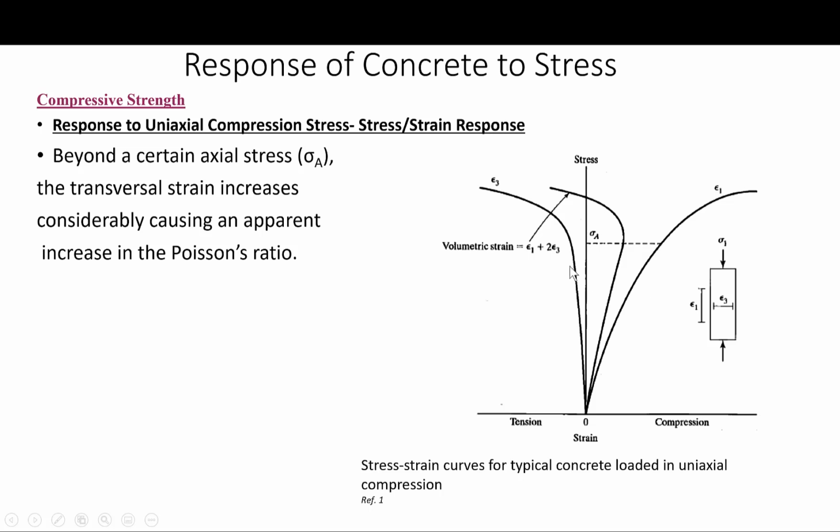And that epsilon 3 shows the strain in the perpendicular direction. So beyond a certain stress limit here, look at the increase in the volumetric strain, which is causing an apparent increase in the Poisson's ratio. This is under uniaxial loading.